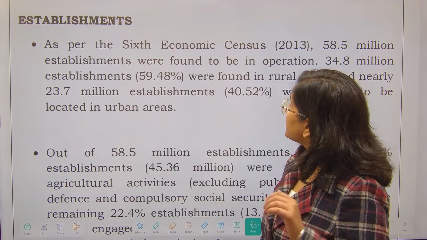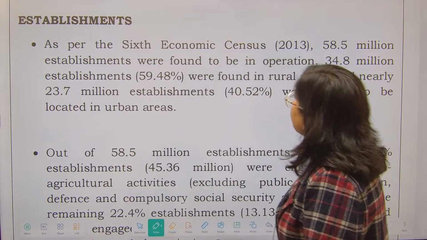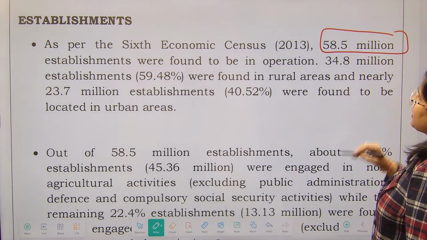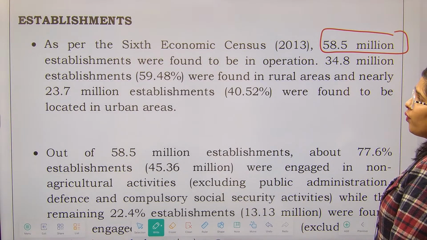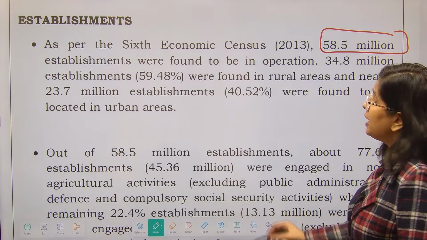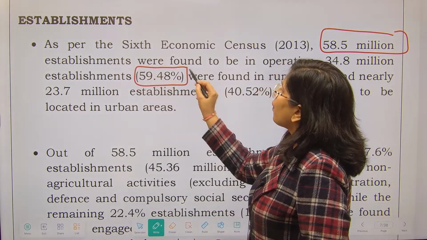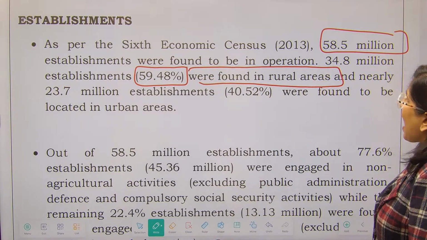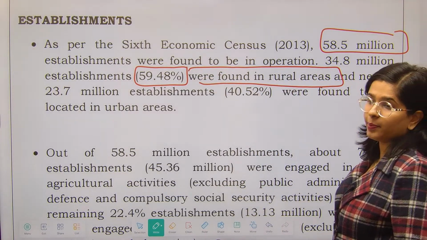Now next, as per the sixth economic census, 58.5 million establishments were in operation. Now over here, what do we have to focus on? 59.48 percent of these establishments were found in rural areas, right? And the remaining were obviously in the urban areas.